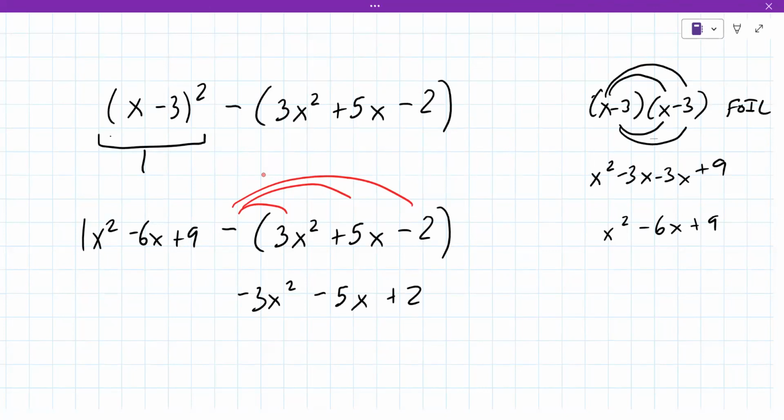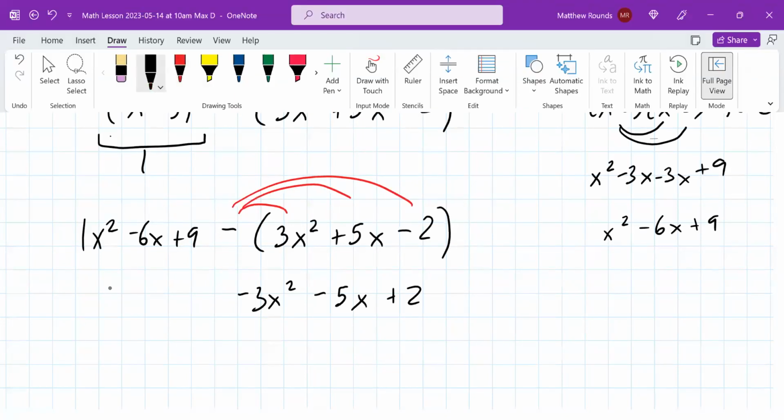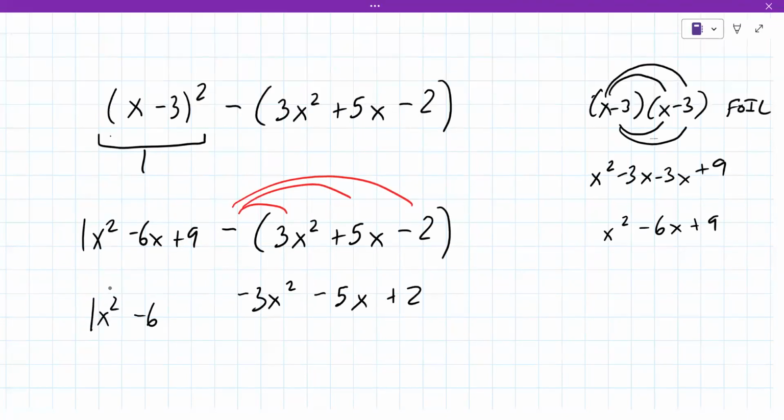So it would be negative 3x squared minus 5x plus 2. And then that would be 1x minus 6x plus 9. Then that would be minus 1.